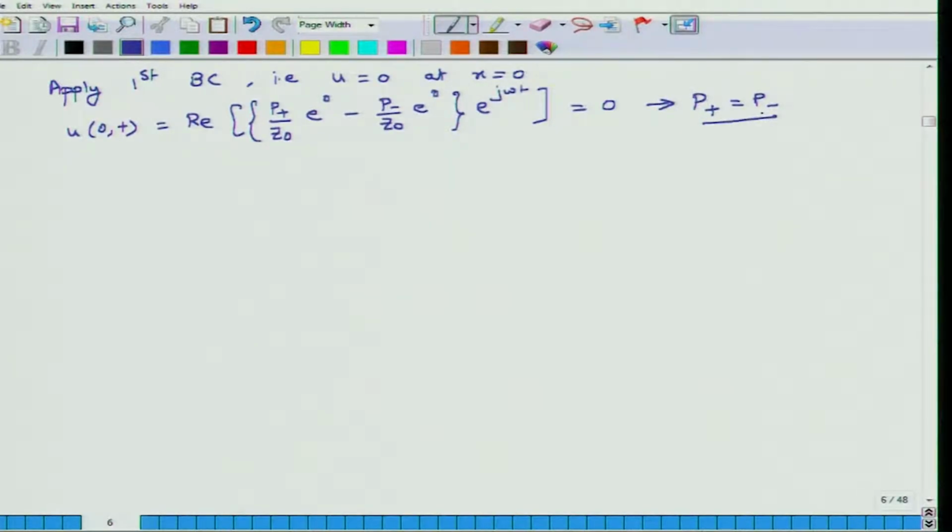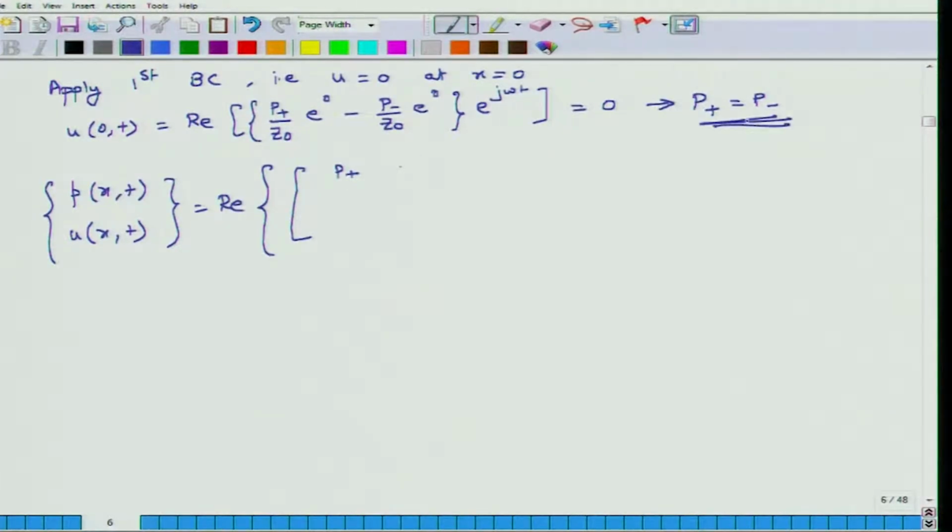So with this we now rewrite our boundary transmission line equations. So my transmission line equation for a closed tube will be real of p plus, and instead of p minus I will again write p plus, because for a closed tube p plus equals p minus, p plus over z naught and minus p plus over z naught.